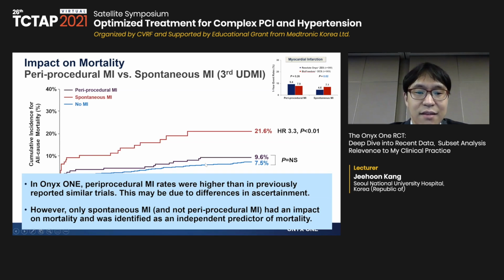So based on this analysis, we could see that the periprocedural MI was higher in the Onyx group. However, this may be due to the difference in ascertainment. And also only the spontaneous MI is a clinically important MI that we should focus on.